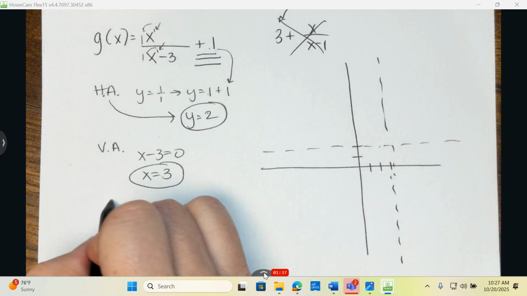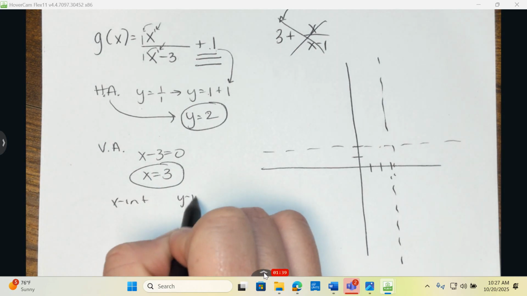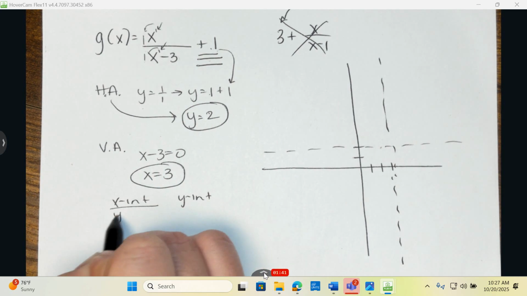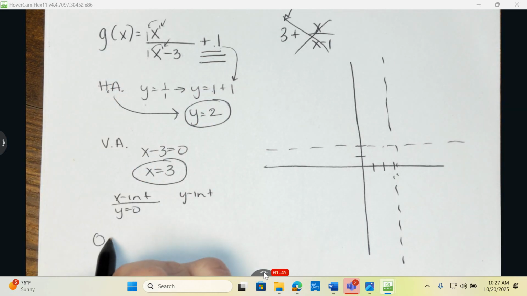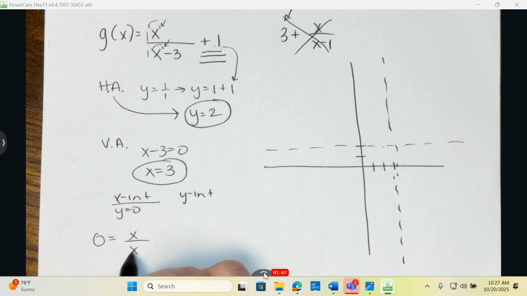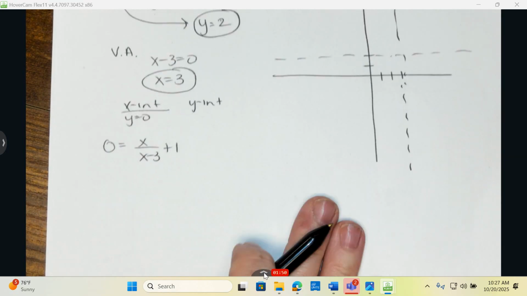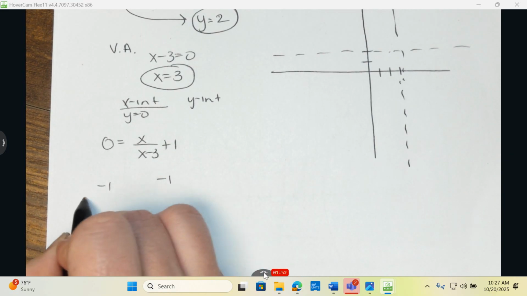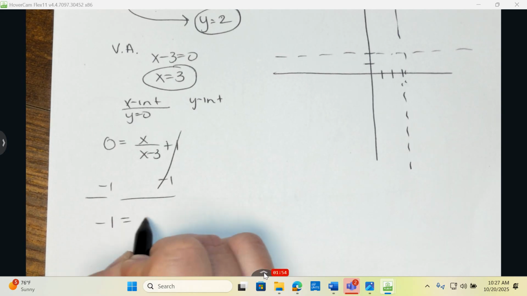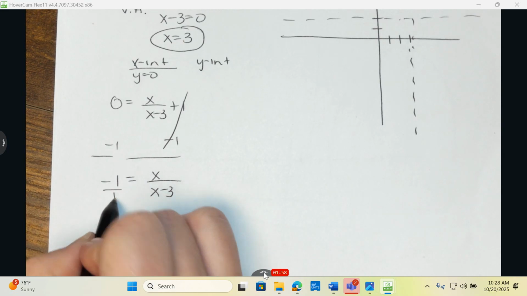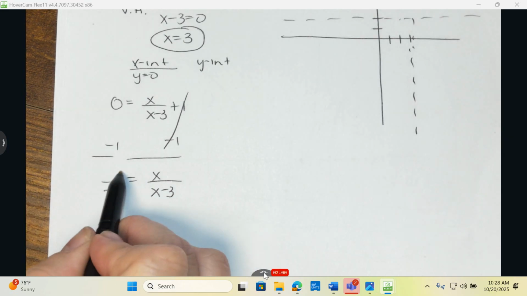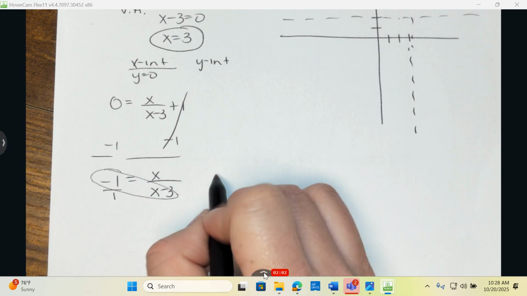Now let's identify the x and y intercepts. So let's start with the x-intercept when y equals 0. I'm going to replace 0 with g of x, and then I'm going to start by subtracting 1 to the opposite side. Negative 1 equals x over x minus 3. Recall that we can always put 1 on the bottom. And just like example number 1 today, I'm going to cross multiply.